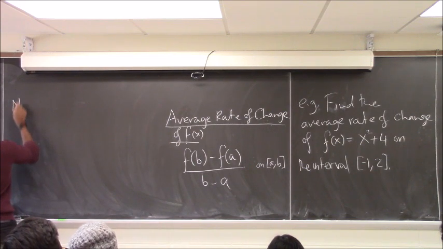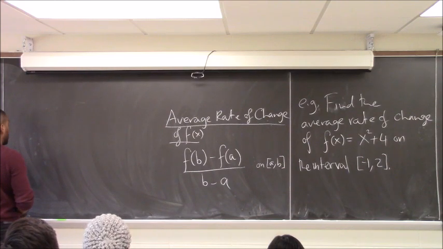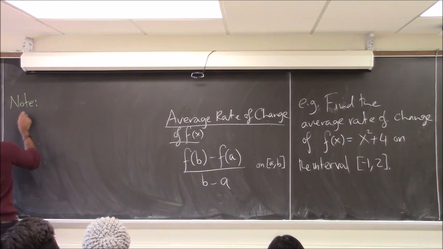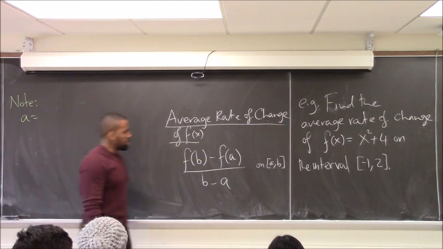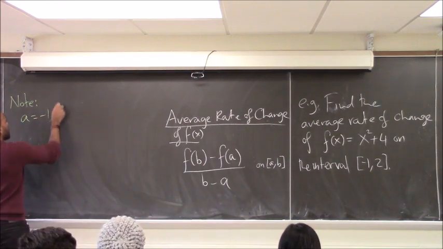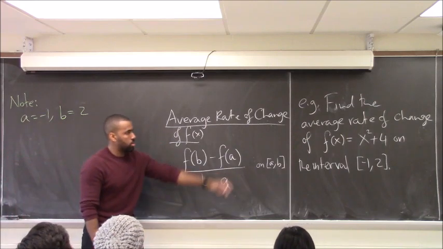So here you're going to note, you don't have to write this down necessarily, but note here your A is always going to be the left end point. So your A is -1. And your B is 2, which is the right end point.